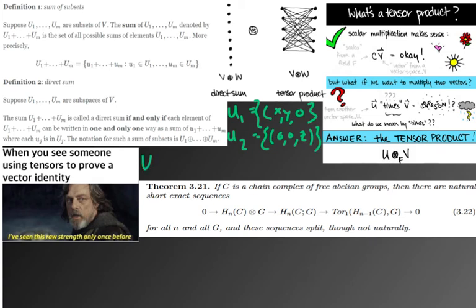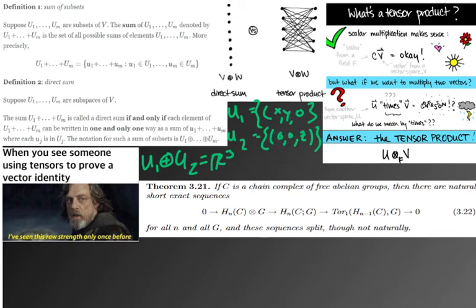We could say U1 direct sum U2 is going to equal R3, because there is one and only one way to get, say, (1, 1, 2) out of adding these two subspaces together.